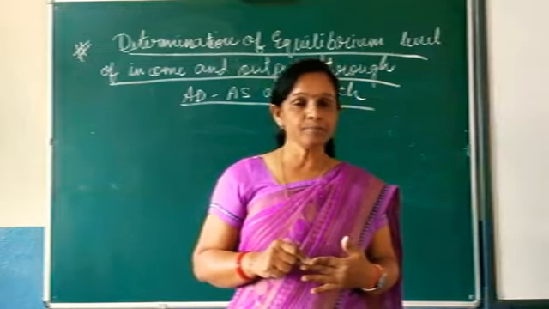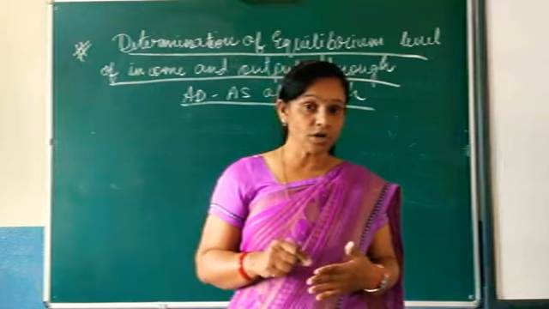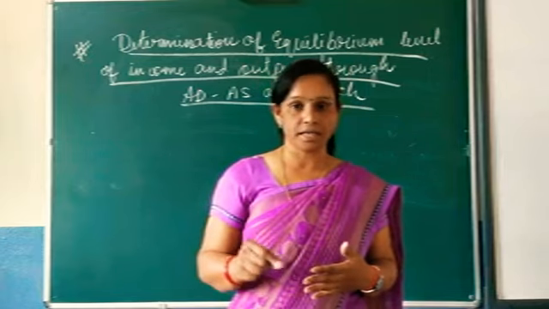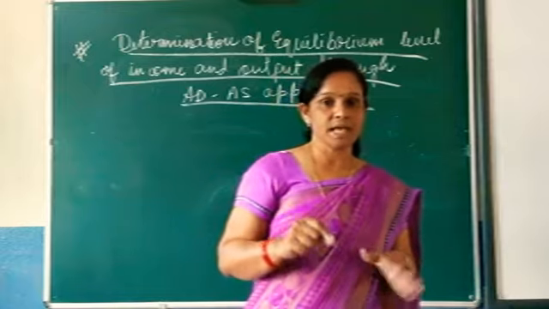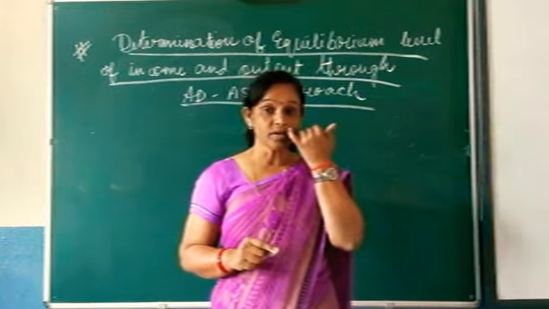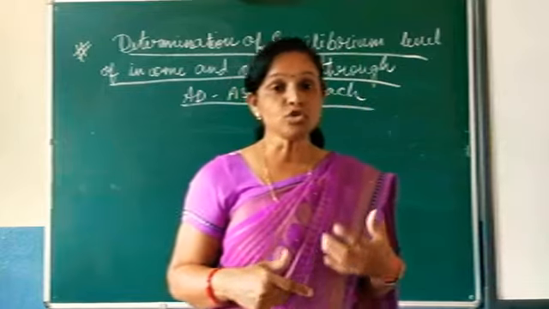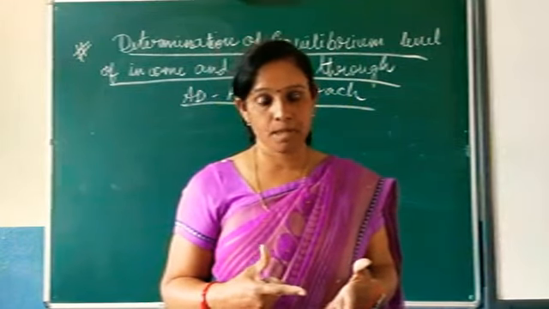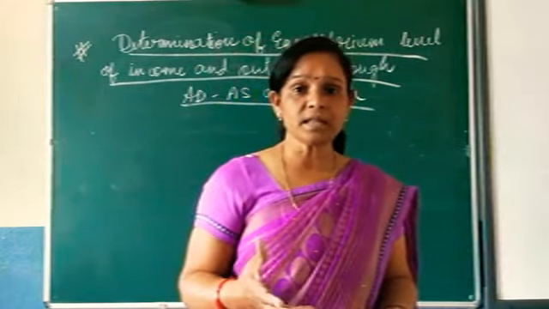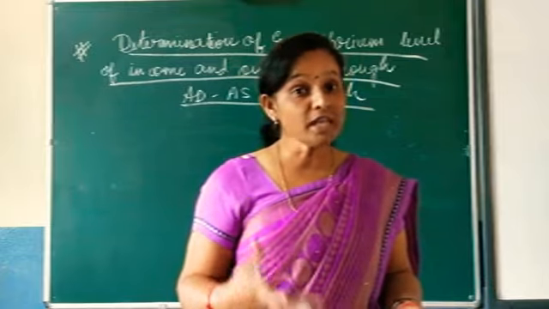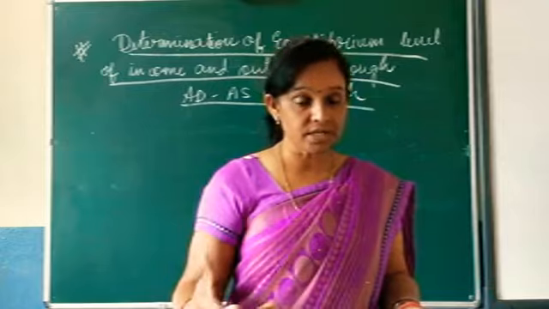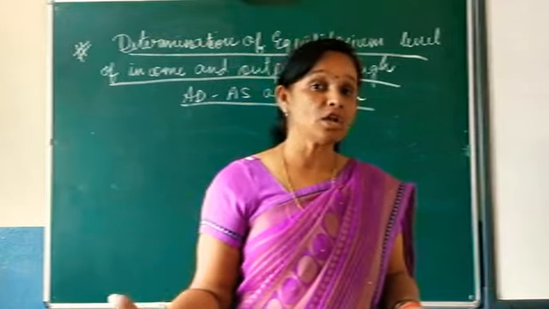What is aggregate demand according to Keynes? C plus I. What is aggregate demand according to Keynes? C plus I, that we know. What is aggregate supply? What do you mean by aggregate supply? Now, aggregate supply is nothing but the money value of total goods and services which is produced and supplied in an economy.